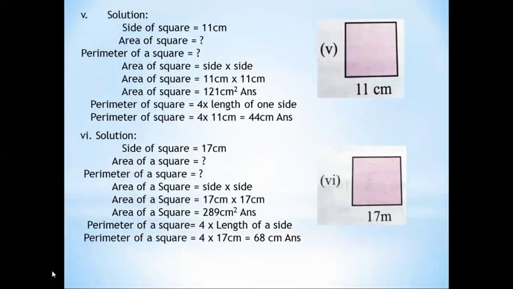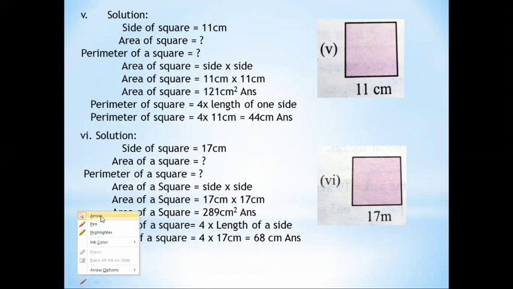Dear students, on the same page and in the same exercise, another sum, question number 5. In the figure you can see here, the measurement of one side is equal to 11 centimeters.